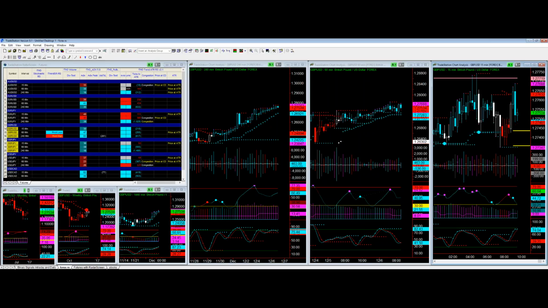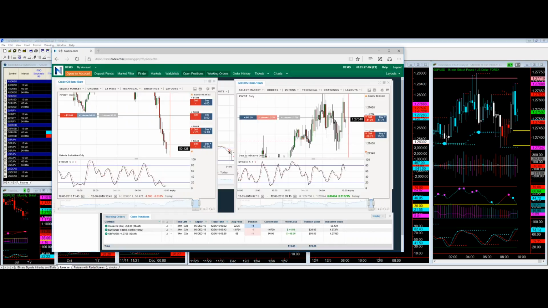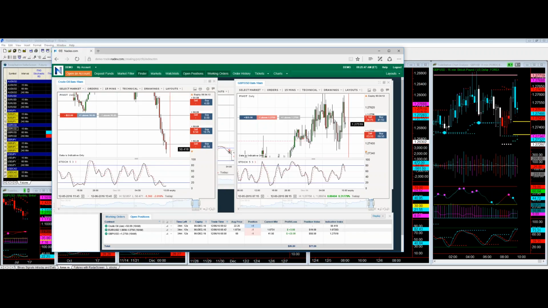I don't like it when that happens. I'm trying to give it until the close of the bar to see if we get a new low in there.